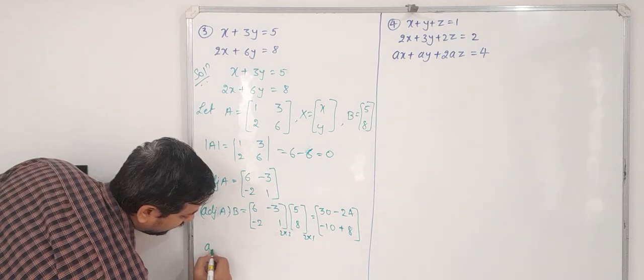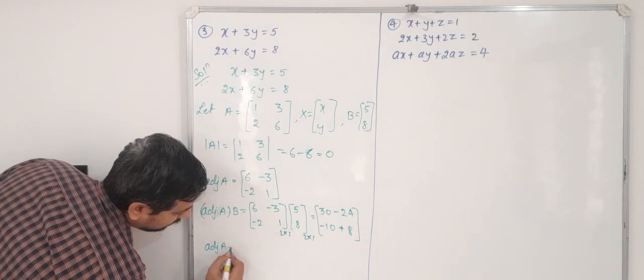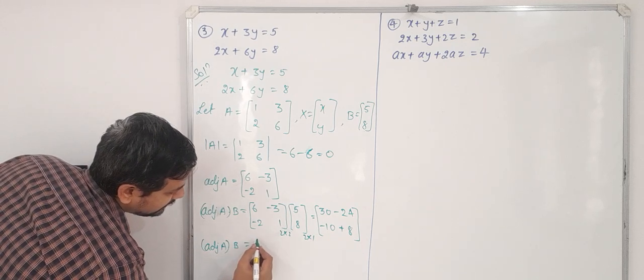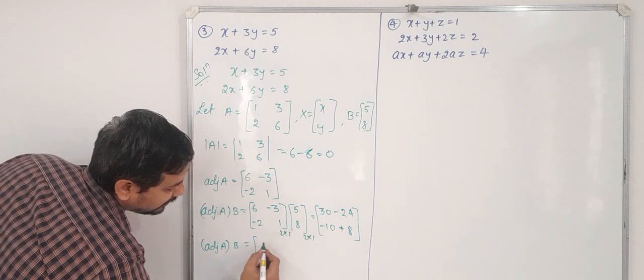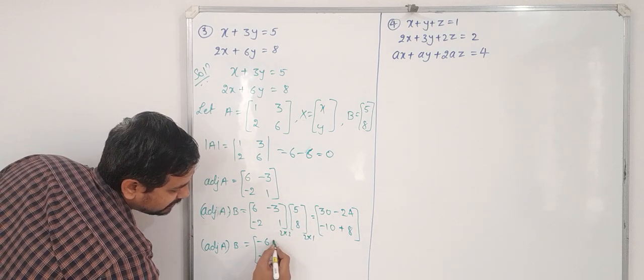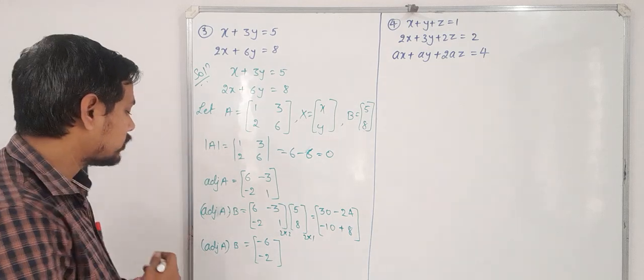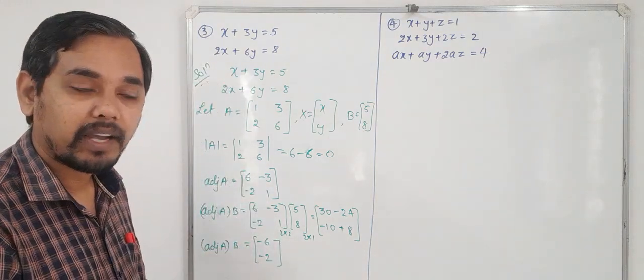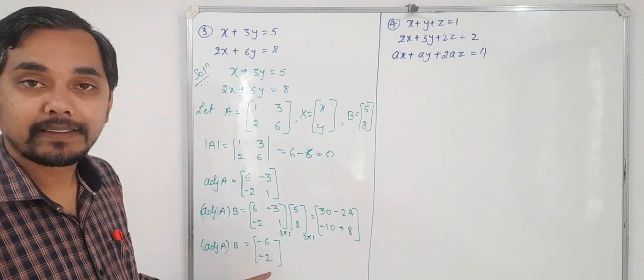Adjoint A into B. We will get it as 30 minus 24, minus 10 plus 8. So adjoint A into B, we got it as 6 comma minus 2. So it is a matrix, right?